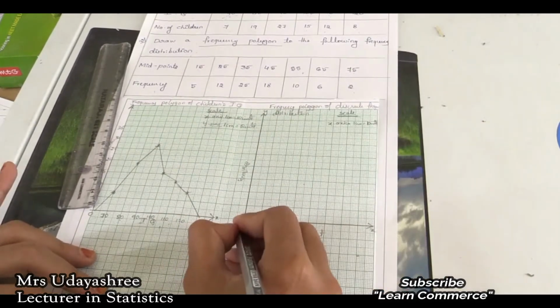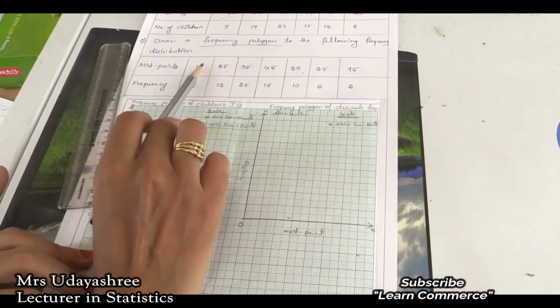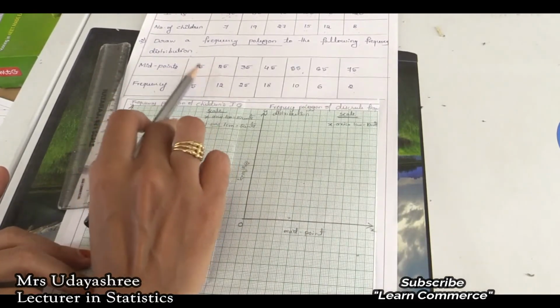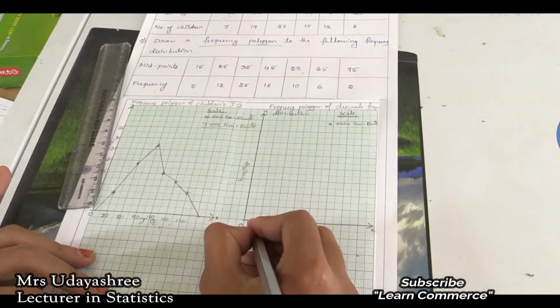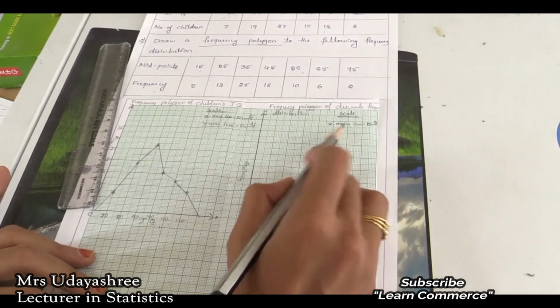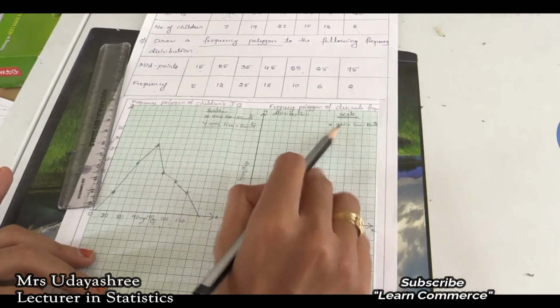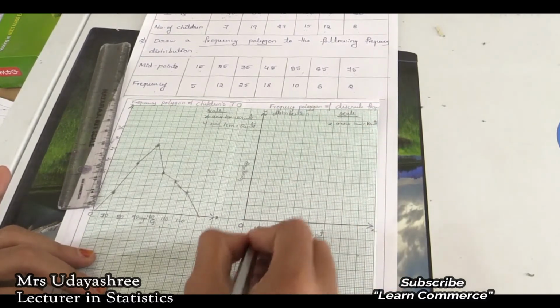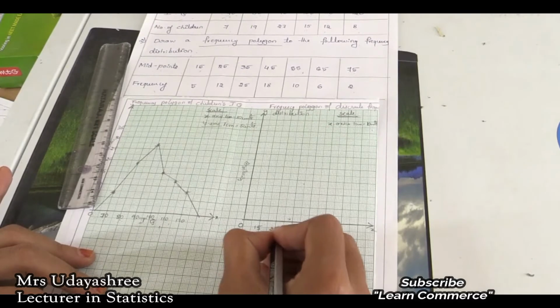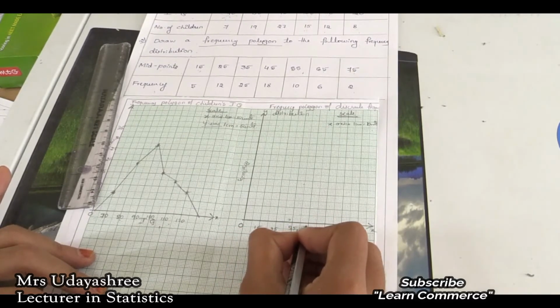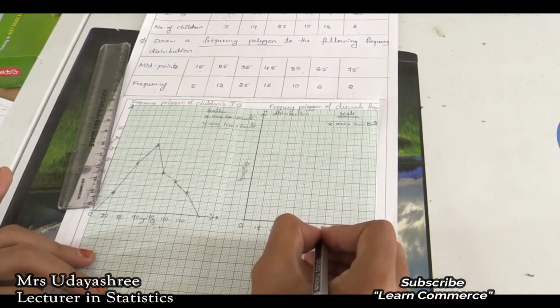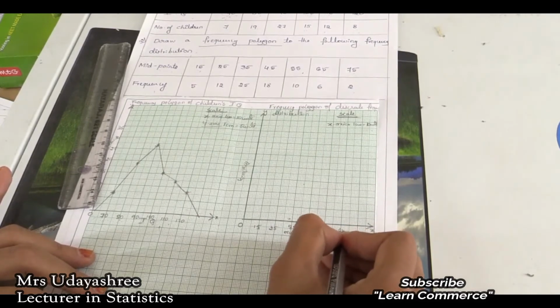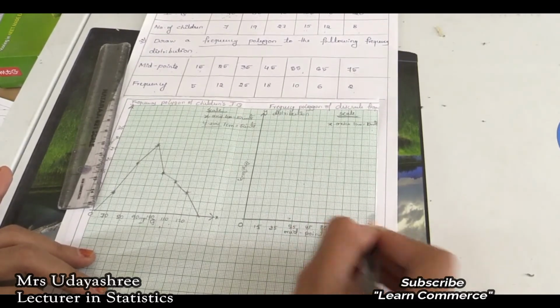The origin is 0, and the midpoints start from 15, so I will take 15. Therefore: 0, 15, next 25, 35, 45, 55, 65 and 75.